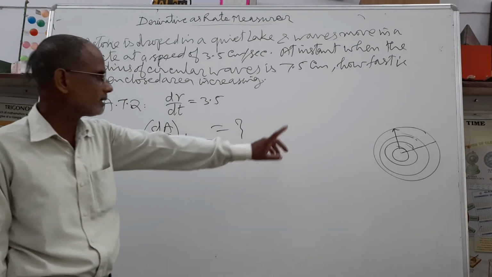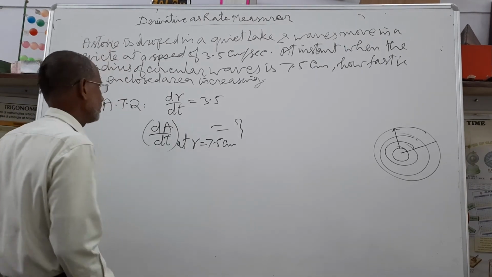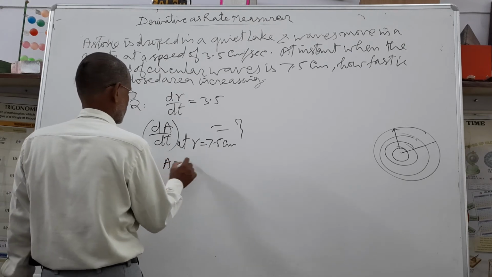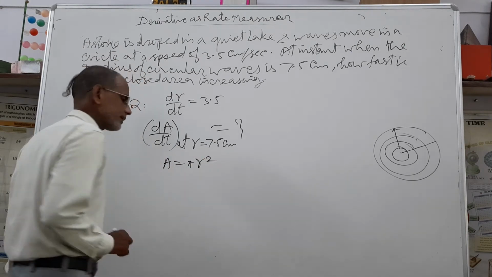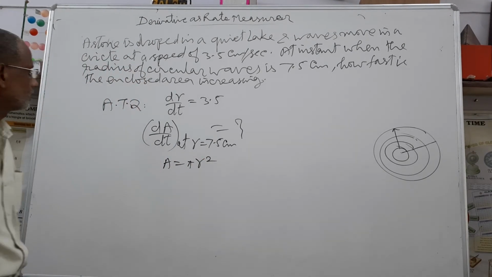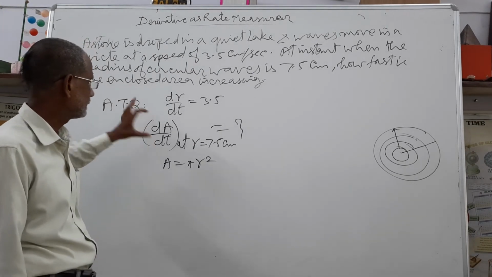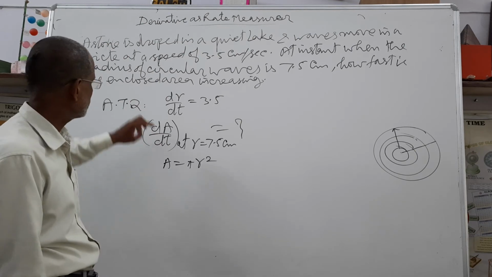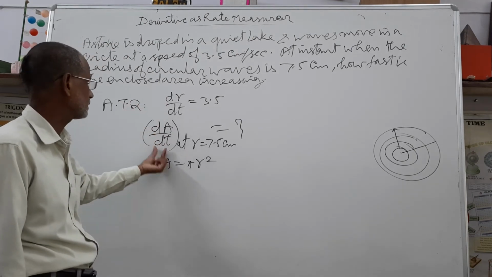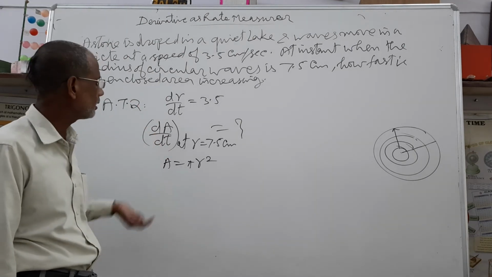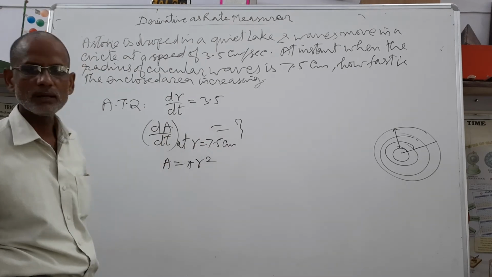As you know, area of any circle is of the form pi r square. You are required to find dA dt, rate of change of enclosed area with respect to time, at r equal to 7.5 centimeter.